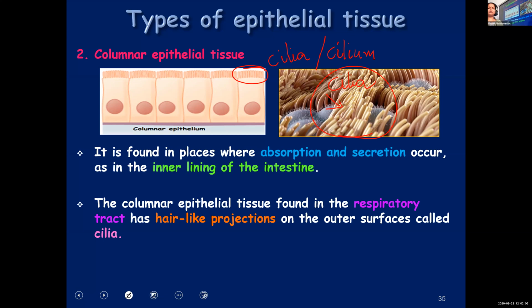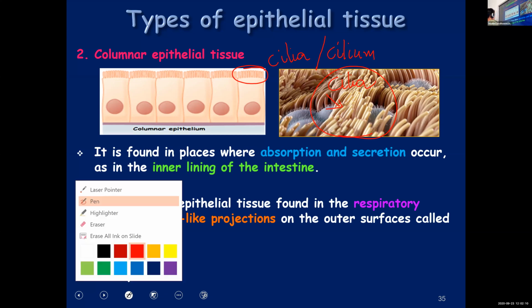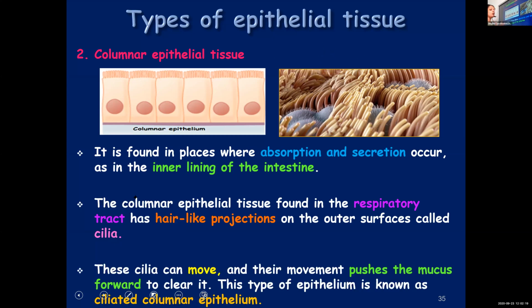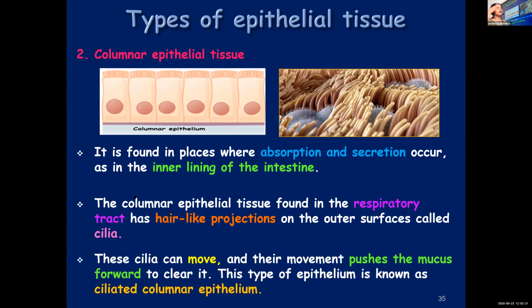And now let's see what is the significance of having these structures in the respiratory tract. These cilia are capable of moving. The cilia will beat, and what will happen? They will push the mucus forward. You know that in your respiratory tract, mucus secretion takes place.